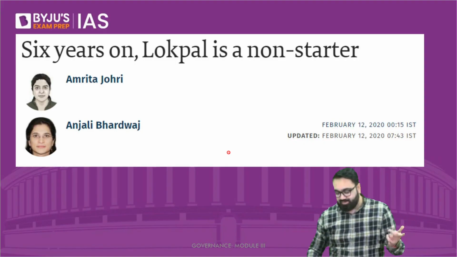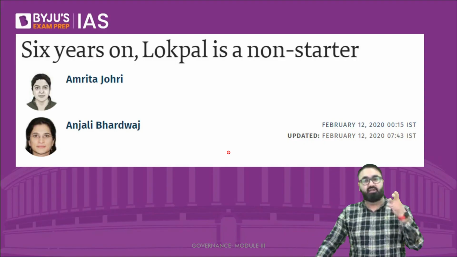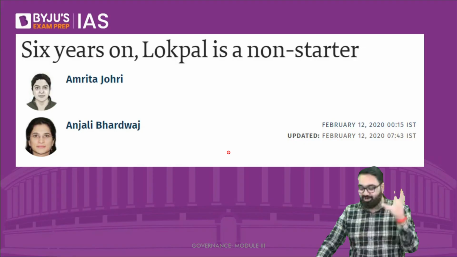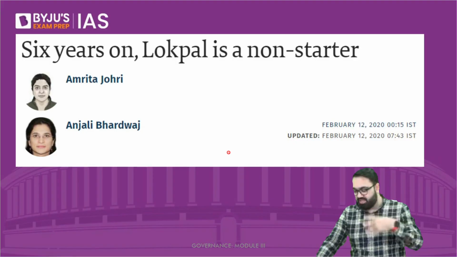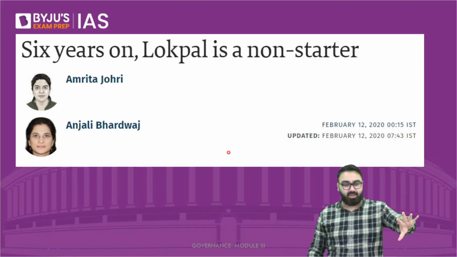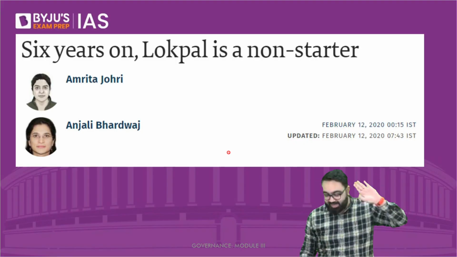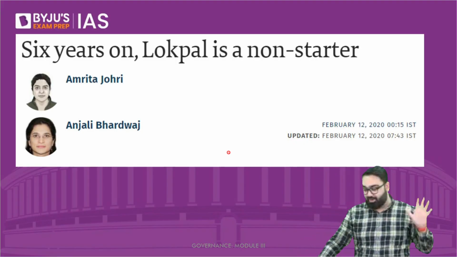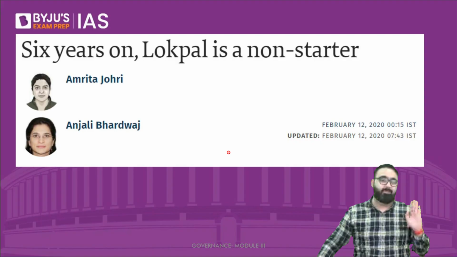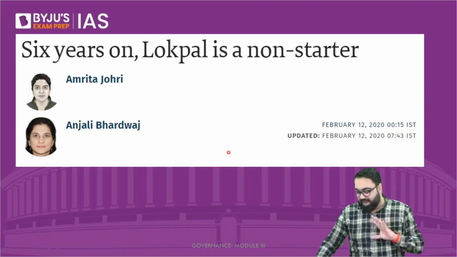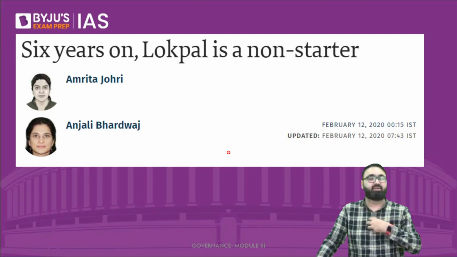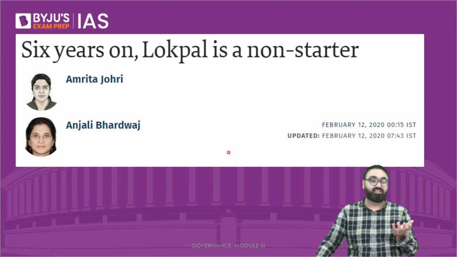Either it means that we have such a great time right now that there is zero corruption. You can sleep on the road, nothing will happen. You can open your door, leave your house unlocked, nothing will happen. Go anywhere, everything will happen without any bribe. But as far as my limited understanding is concerned, I don't think that is true.